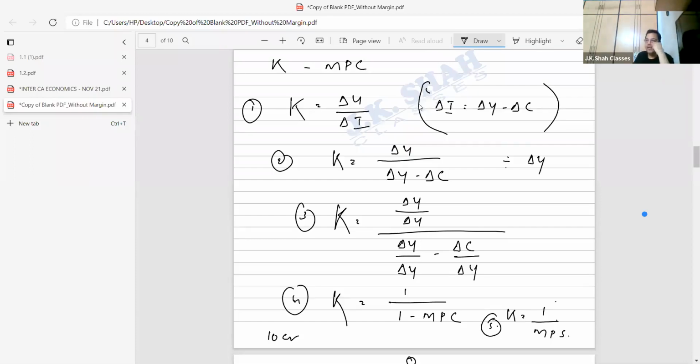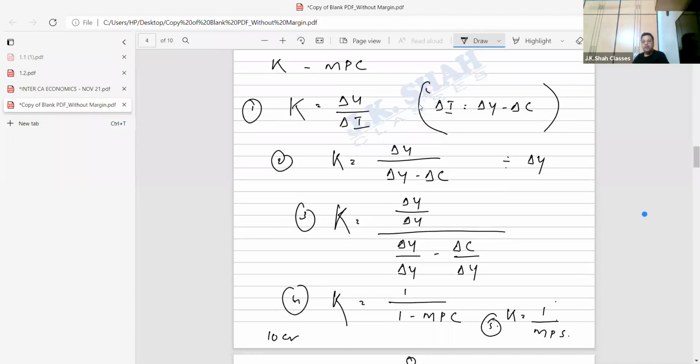And neither will any country save its entire additional income, that is MPC is equal to 0. Please understand. Full stop.